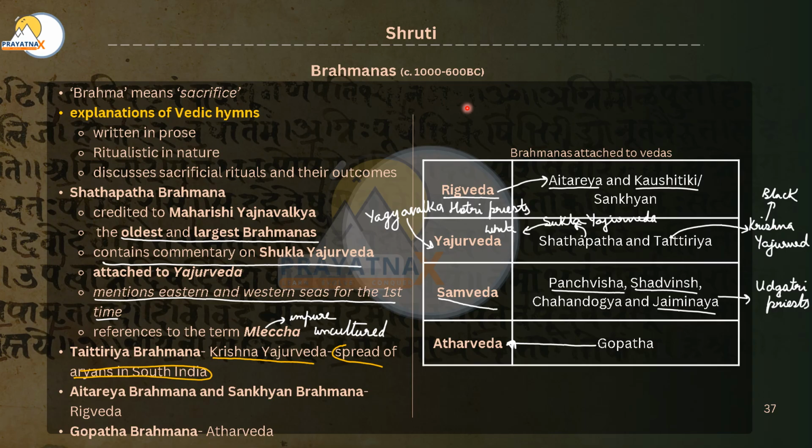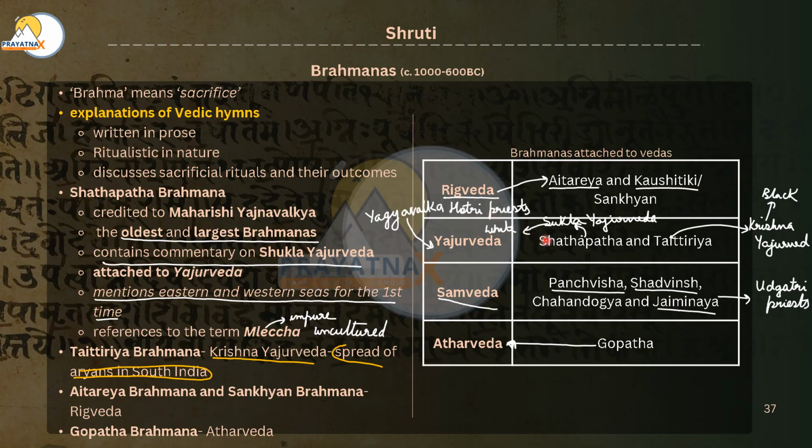Now it has both myths and legends, which were basically to instruct the Brahmins on the performance of Vedic rituals. Now each Veda has one or more of its own type of Brahmanas, and it is associated with the Vedic school. For instance, the Kaushitaki and Aitareya Brahmanas were the books of the Rigveda. It was composed by Hotri priest.